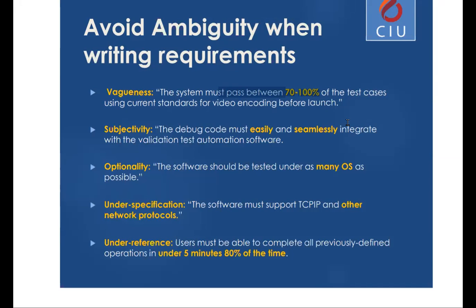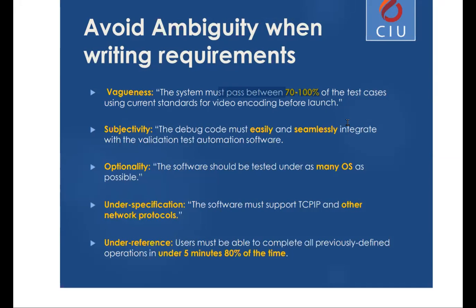Under-specification: "The software must support TCP/IP and other network protocols." What is other? Again, no definition. "User must be able to complete all previously defined operations in under 5 minutes, 80% of the time." No idea what that means.